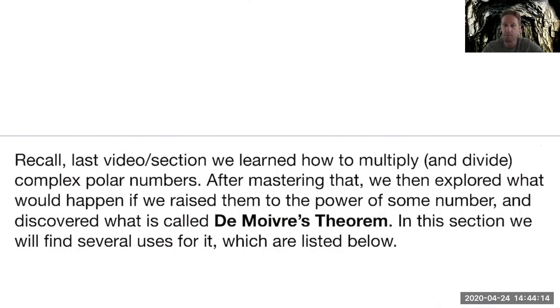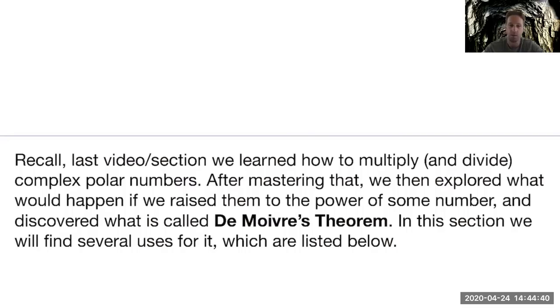So hopefully you remember, we talked about how to multiply and divide those complex polar numbers, whether they're written as r cosine theta plus i sine theta or r cis theta. And that last example that we did talked about what happened when we raised them to a power. And we saw a pattern there that the namesake, de Moivre, actually discovered before us.